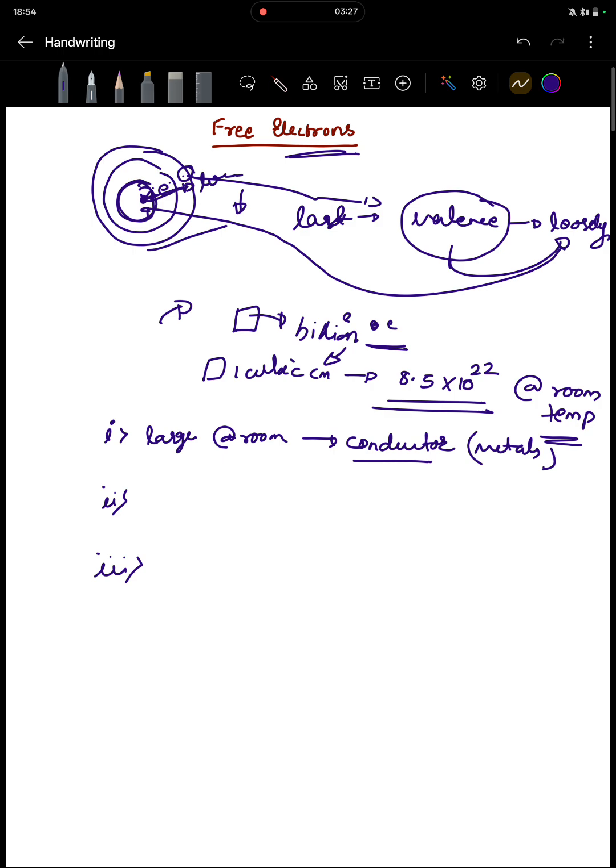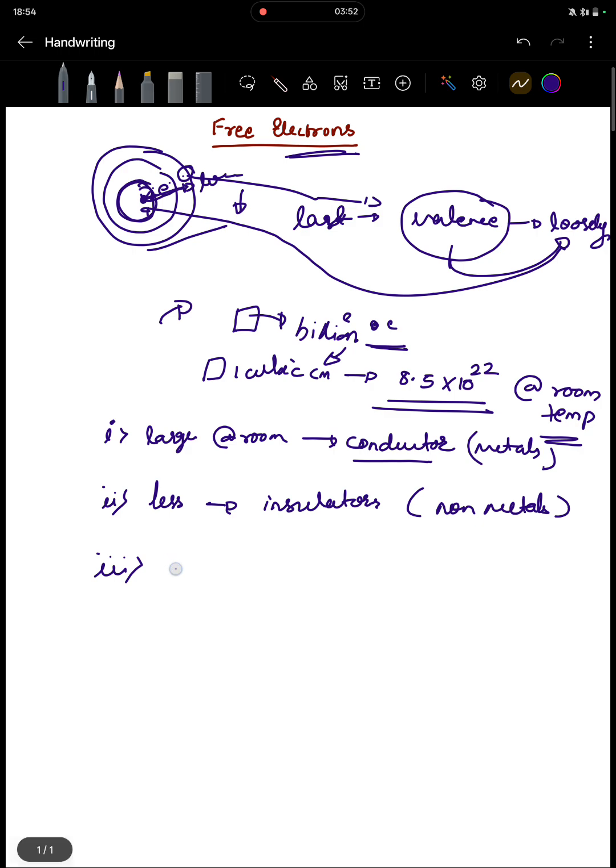The second type is the substance which has very few free electrons at room temperature; these are called insulators. Examples are non-metals. The third one is the class of substances which are semiconductors.